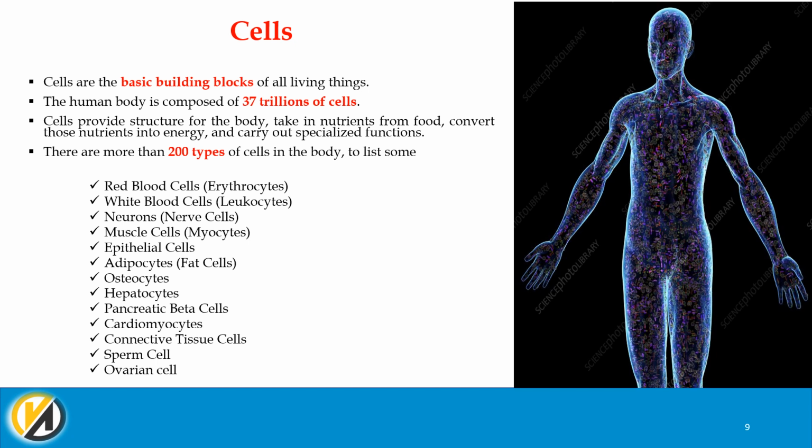All of these cells have their own specific functions and nutrient requirements. When we are taking nutrition into account, we are thinking about providing the required amount and type of nutrients for all 37 trillion cells of the human being.